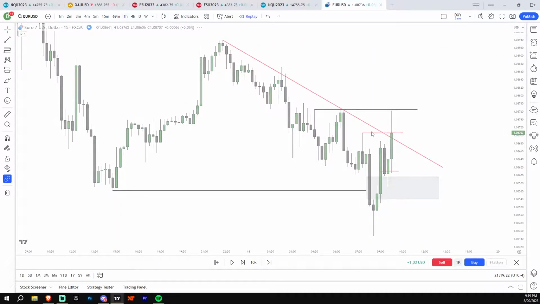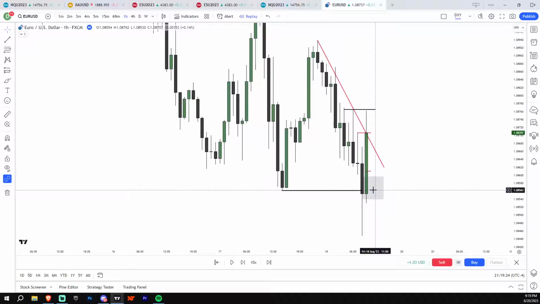Now what if we go to the hourly? Is it still valid in the hourly? Why no? Yes, exactly. There's no fair value gap. There's no fair value gap anywhere in here. Do you see a fair value gap? If you say yes, you're blind. There's no inverse, there's nothing here.